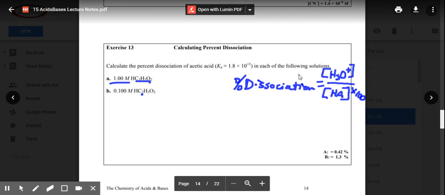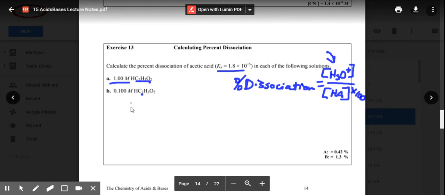Well, all I'm going to do is set up that RICE chart and solve for x using my Ka value just like I did for pH. But now I don't have to plug it into the pH formula. I'm just going to plug it in right there. Okay? So let me go through an example with this here.